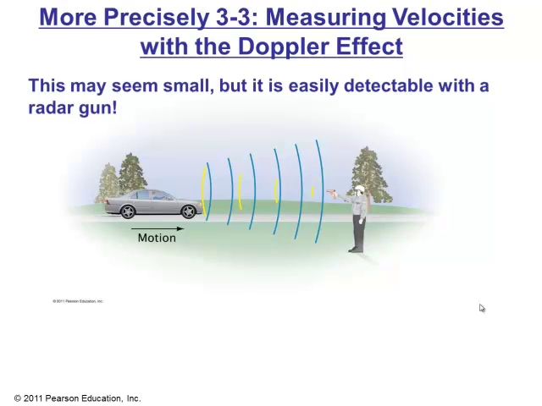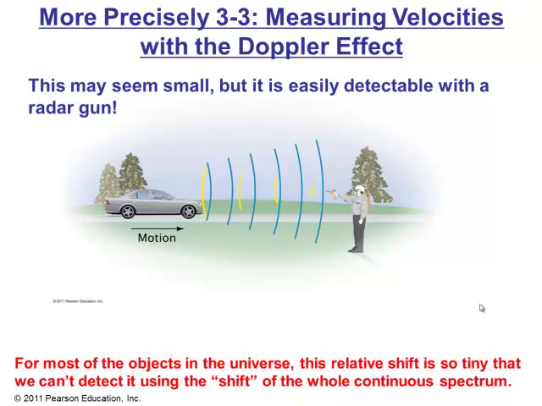In this case, the reflected radiation, represented by the blue crests, reflected back from the oncoming car, is shifted to shorter wavelengths by an amount proportional to the car's speed. The policeman is going to use that to see how fast the car is moving, which could be above the speed limit.